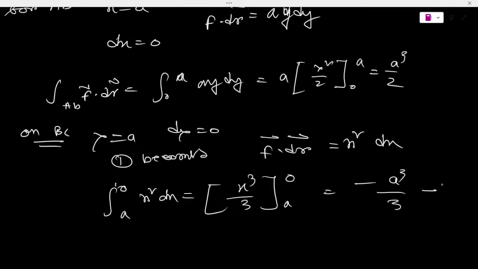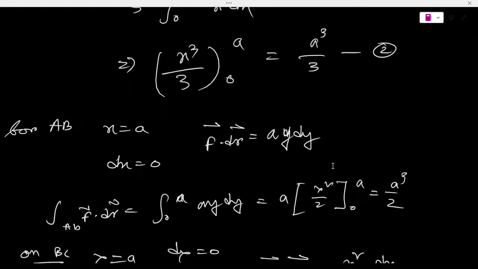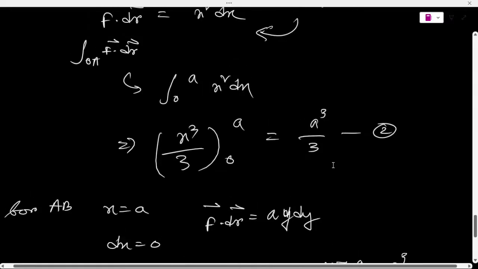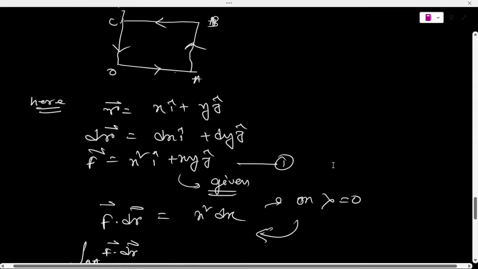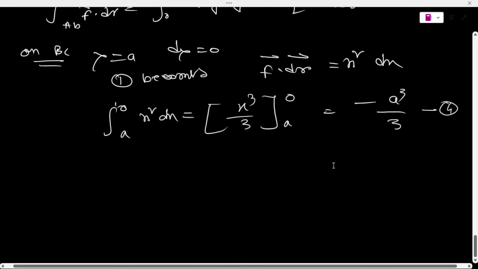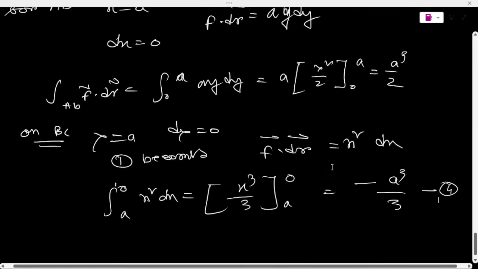This will be equation number 4. No, this a cube by 2 is equation number 3.